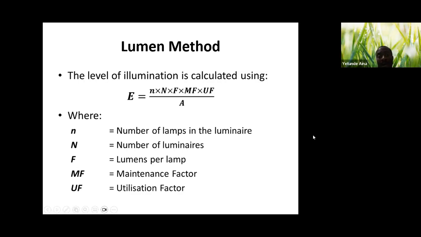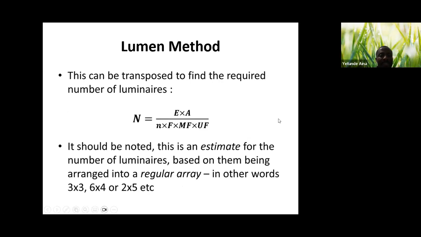Now, if I make my capital letter N the subject of the formula, this is what I'm going to have now. If I make capital letter N the subject of the formula, that means now I've transposed it to this, and I have capital letter E multiplied by A divided by n multiplied by F multiplied by MF and multiplied by UF.